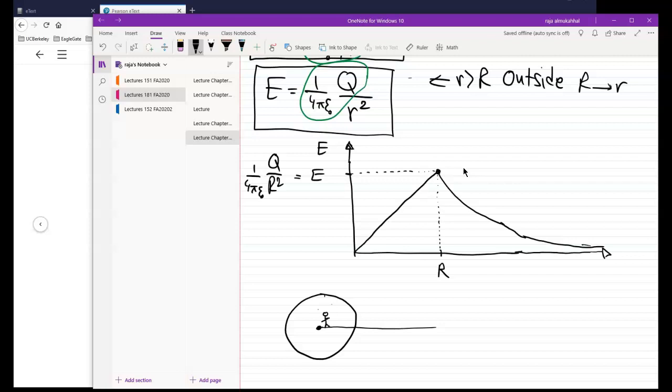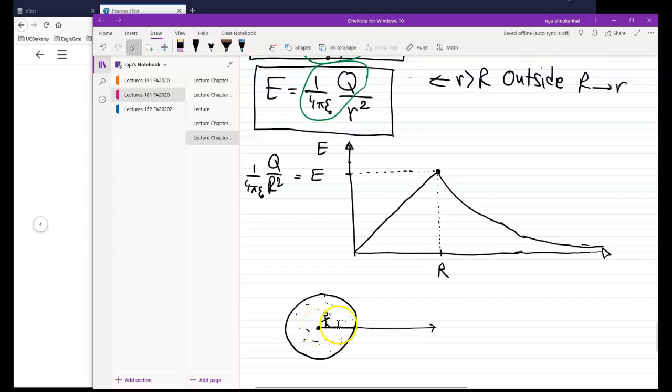I'm walking with some detector that detects charges, or electric field intensity, okay? And I'm walking from the center of the sphere all the way to the outside. What I'm going to notice is the following. Let me use my mouse so you can see the green circle. So I'm starting here.